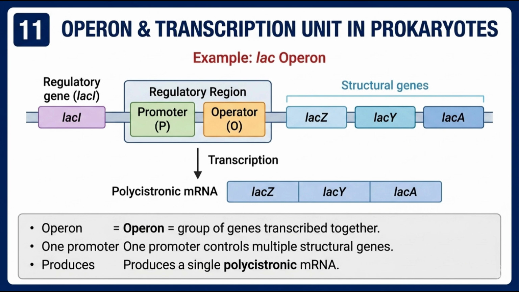The promoter binds RNA polymerase. The operator acts as a regulatory site for repressors. Structural genes encode proteins involved in related functions. The lac operon is a classic example of a prokaryotic operon. Transcription of an operon produces a single polycistronic mRNA.